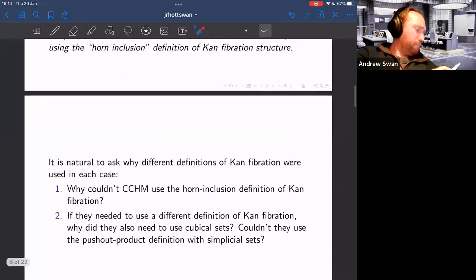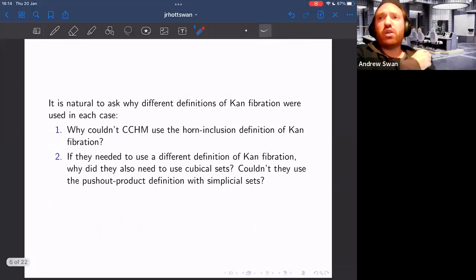Okay. So it's natural to ask why. If simplicial sets are working so well in classical homotopy theory, why did we have to switch to cubical sets for constructive models of homotopy type theory? I'm going to break this down into two parts. First, why couldn't they, in CCHM cubical sets, use the horn inclusion definition of Kan fibration?